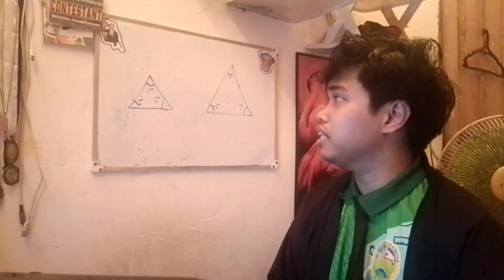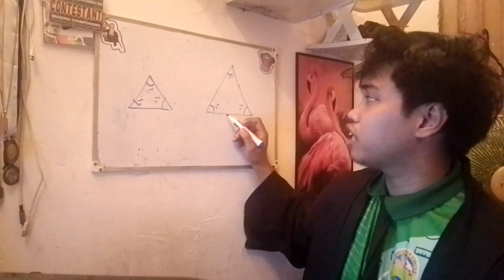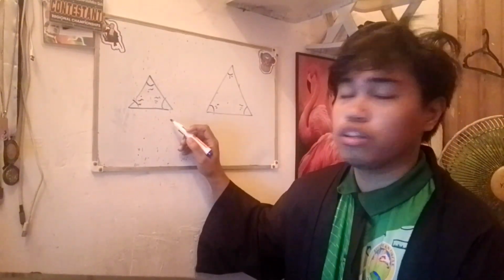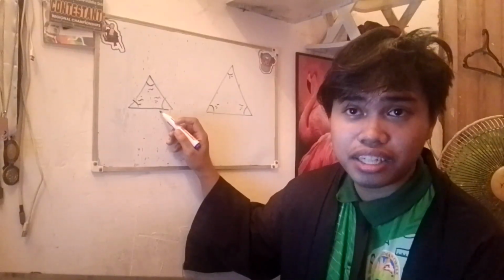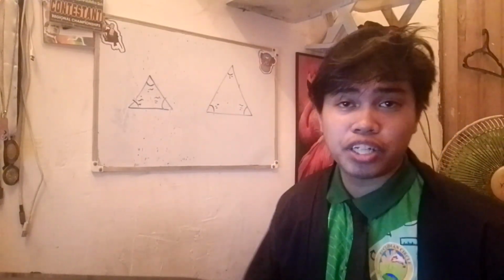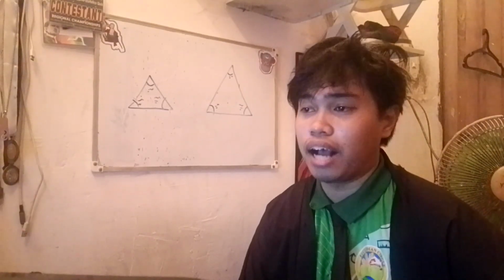So we can say that this triangle is actually bigger than its congruent triangle which has a smaller shape, but the two have congruent angles.